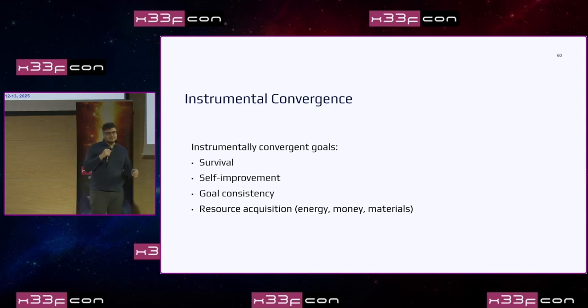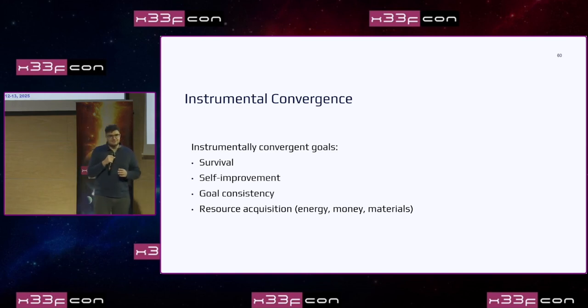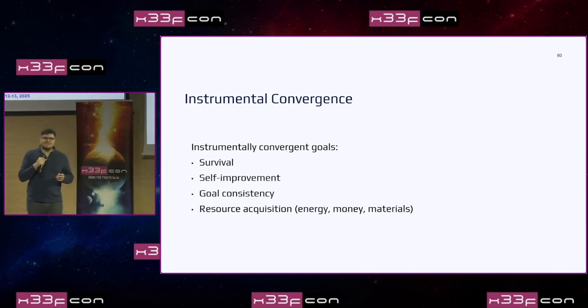But then the goals I employ to achieve this objective are very much connected with the real world, and they are goals that are useful for most terminal goals. These instrumental convergent goals include things like survival, self-improvement, resource acquisition.